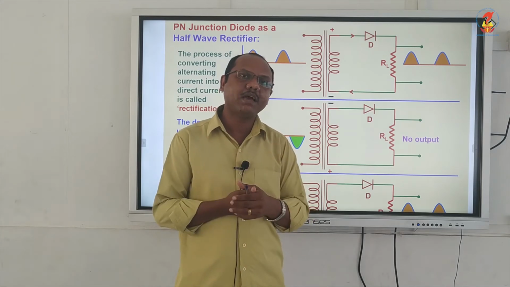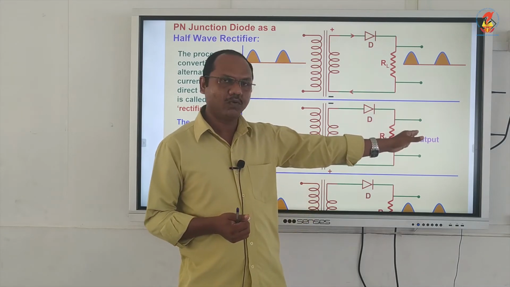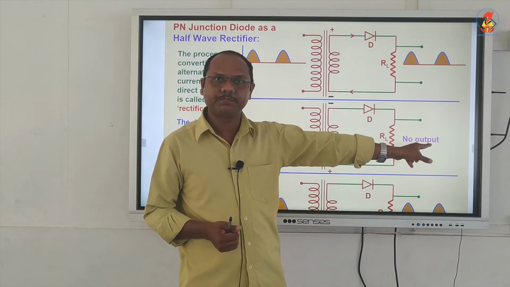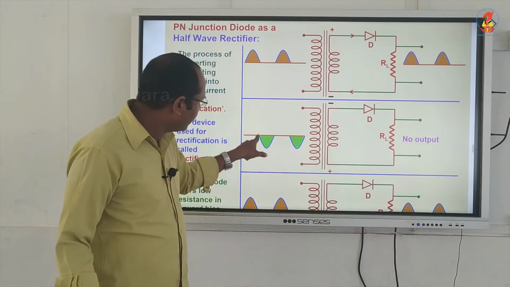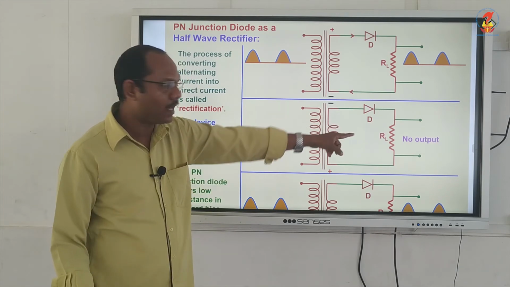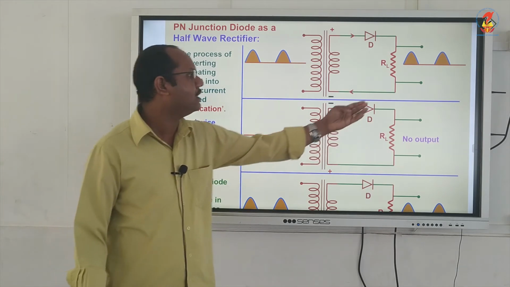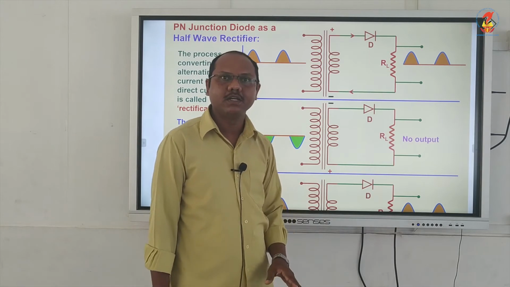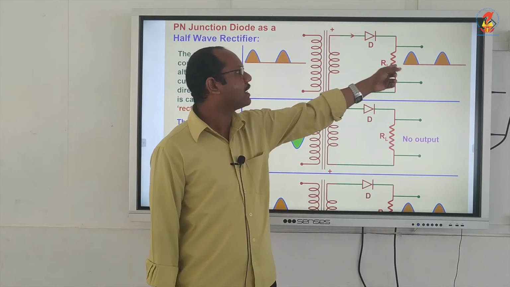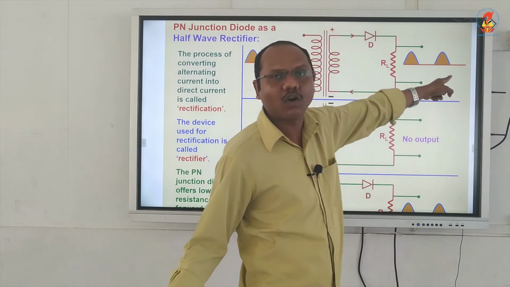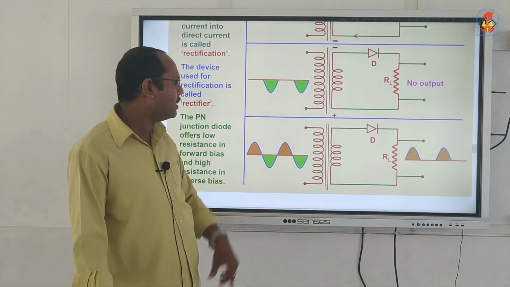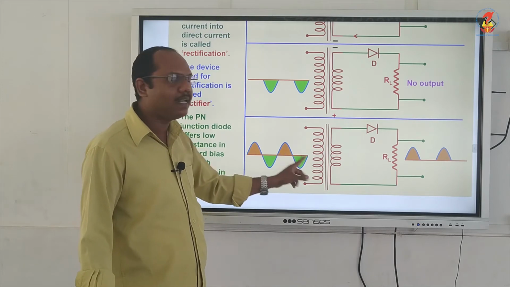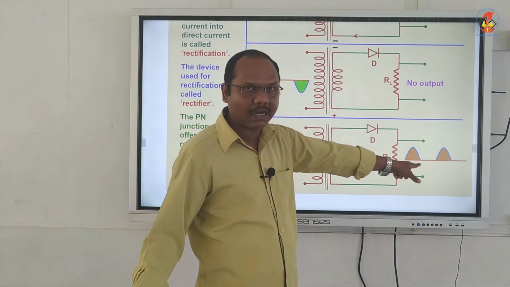As a result, no current will flow. That is why I have written no output. No current will flow through the diode in this cycle, and again in the next negative cycle no current flows through the diode. Only during the positive cycles does the current flow through the diode and we get the output. So combining both, during the positive cycle the diode will conduct and you will get the output.